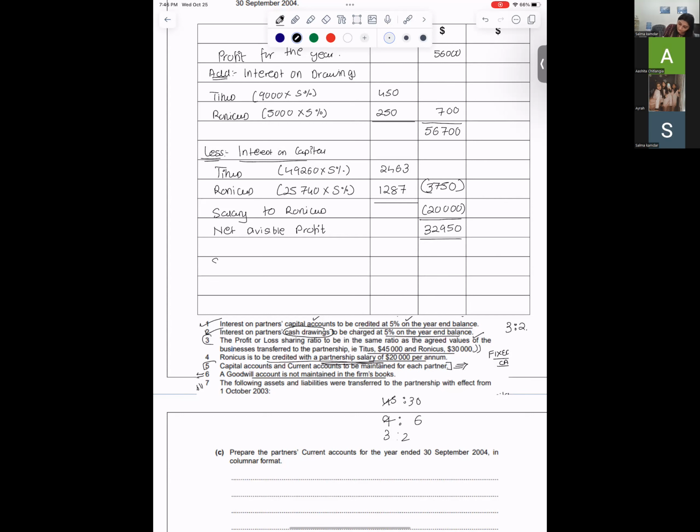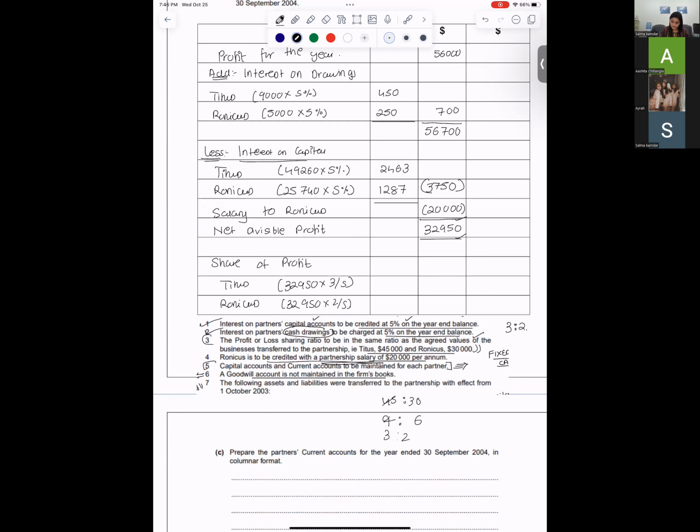Okay. So share of profit. Please don't forget to put these two lines. Then share of profit for Titus and Ronicus. It is 32,950 into 3/5 and 32,950 into 2/5. Just tell me the amounts. 19,770 for Titus.